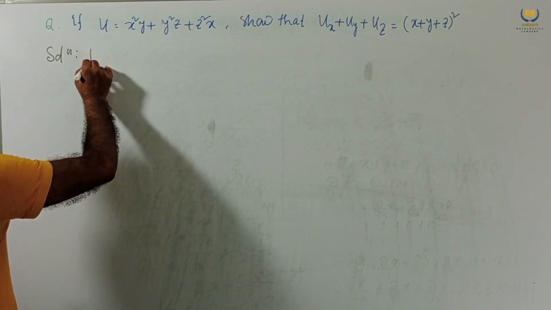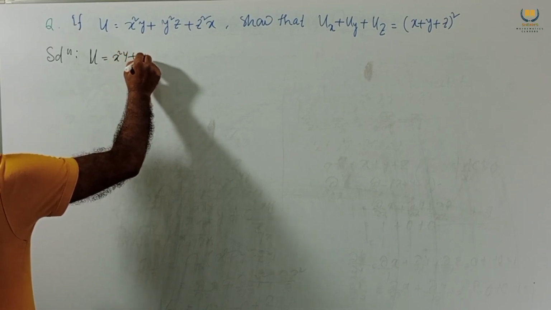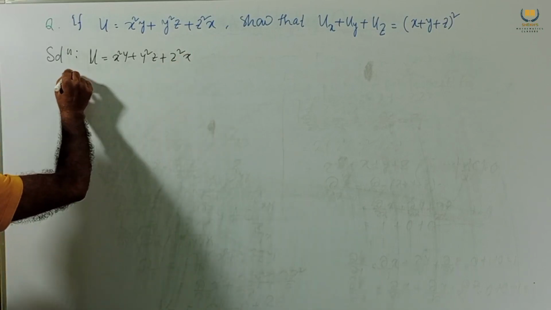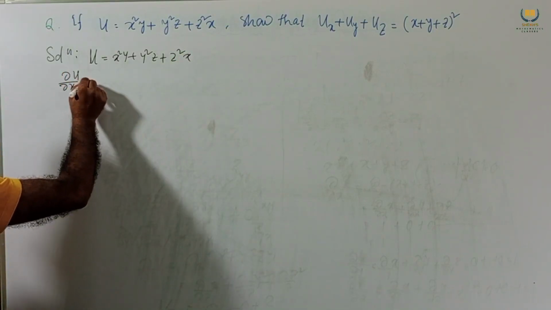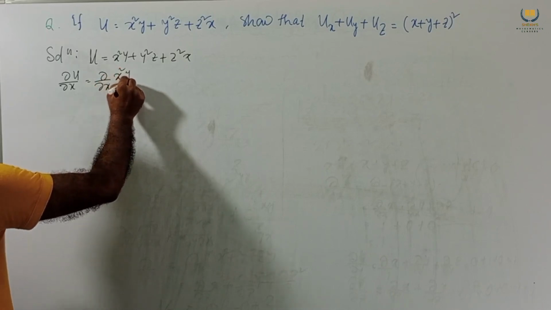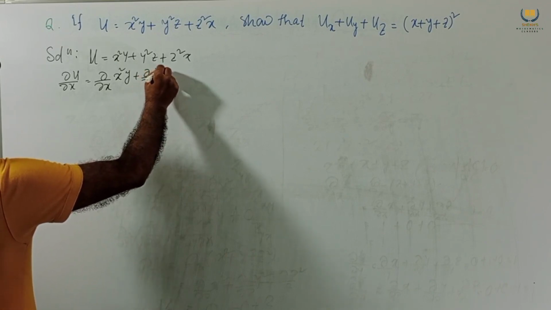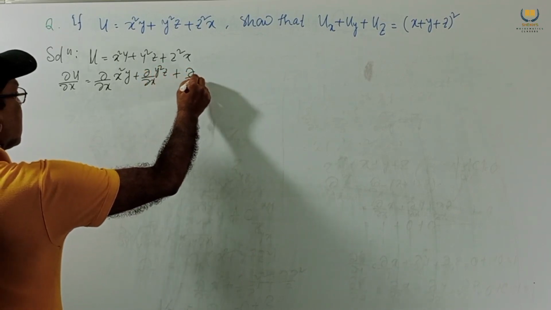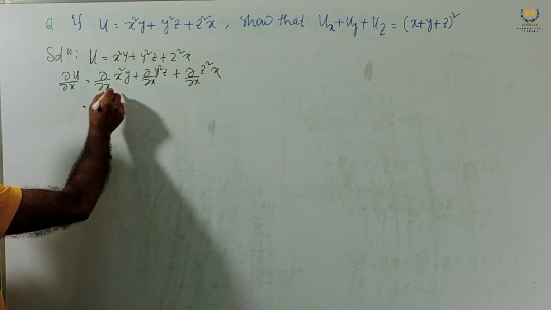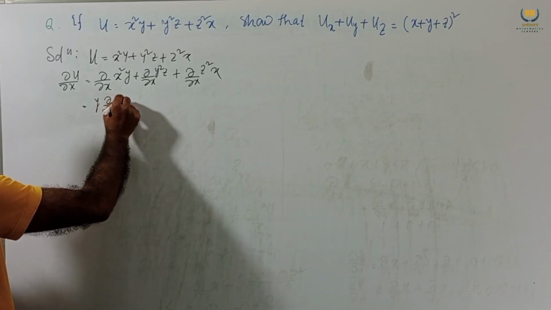Here given u equal to x square y plus y square z plus z square x. So we differentiate partially with respect to x, del x of x square y, del x of y square z, del x of z square x. So here y is constant, we get del x of x square.